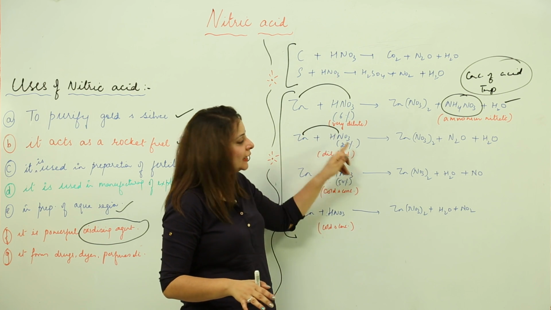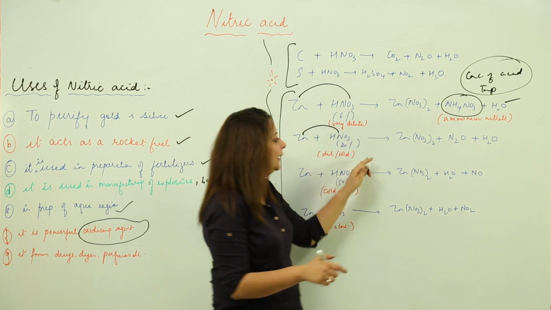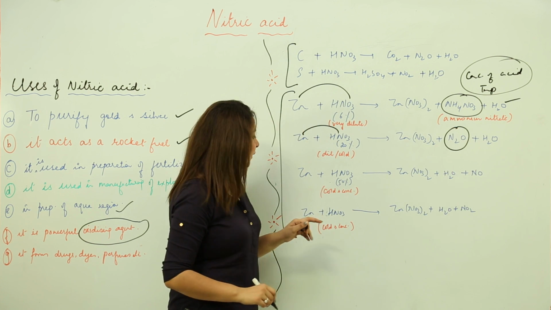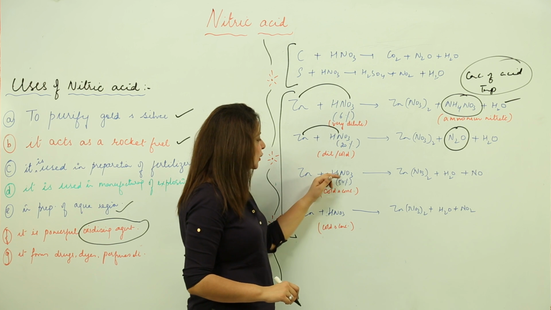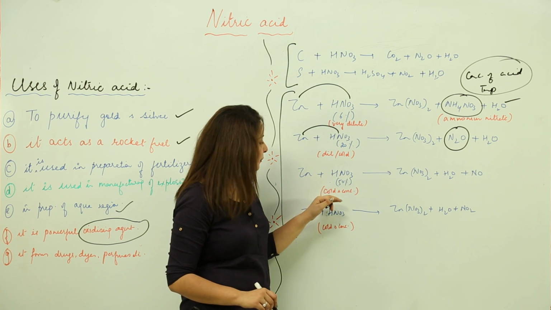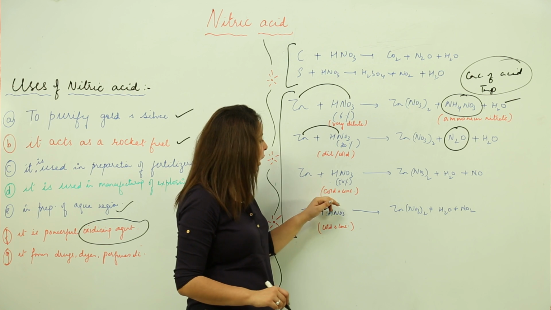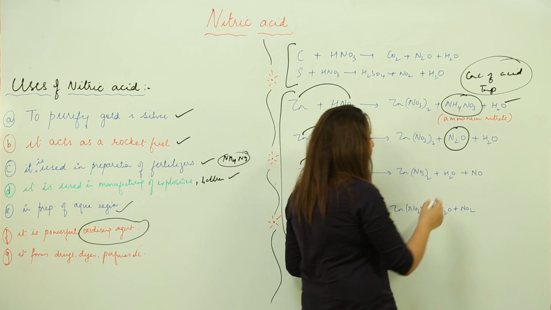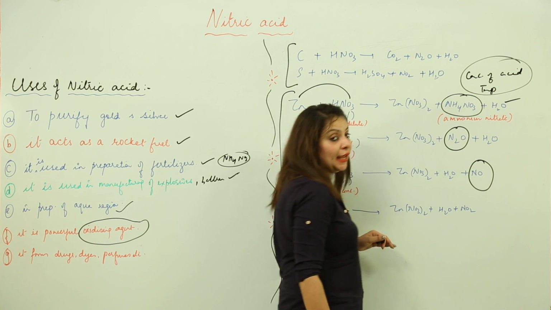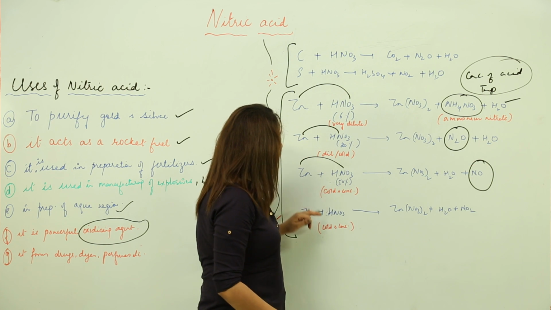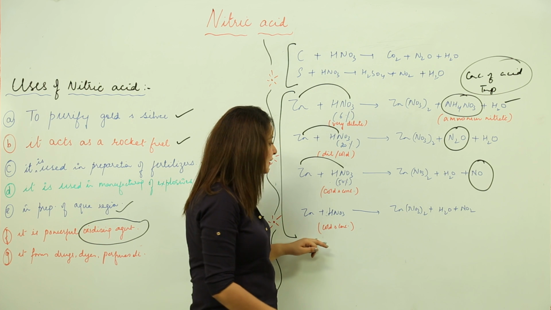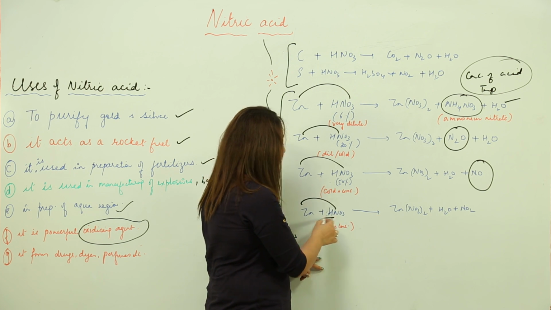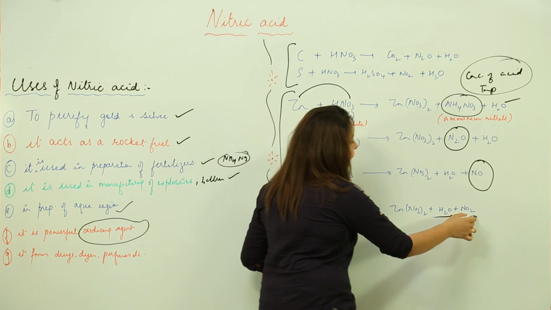When we dissolve zinc in 50% HNO3, that means cold and concentrated, we again get zinc nitrate, and along with that we get NO. And when we react with highly concentrated acid, everything gets oxidized: zinc forms zinc nitrate, H forms H2O and N forms NO2.